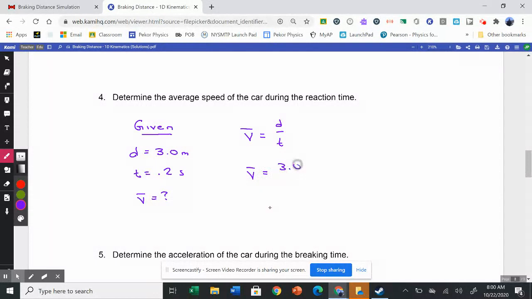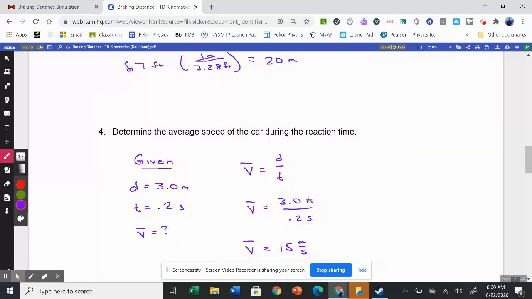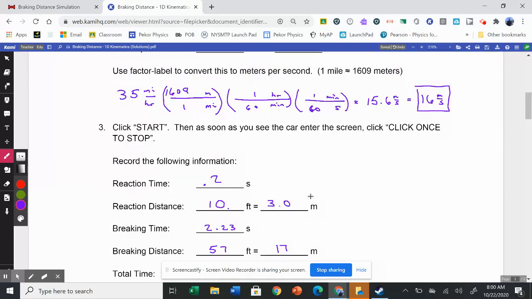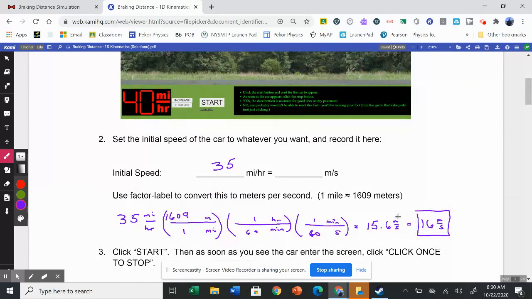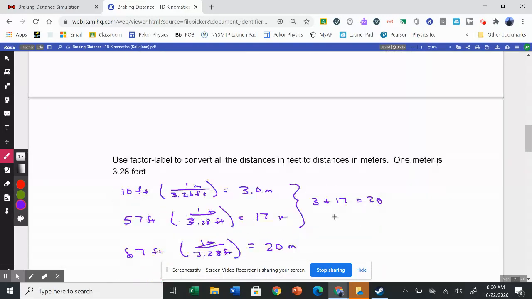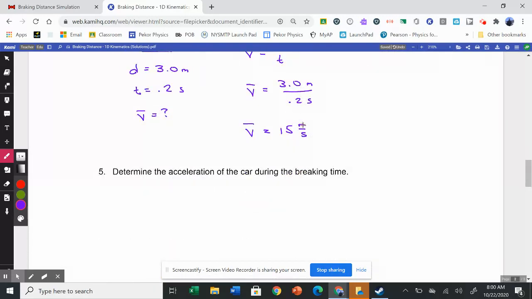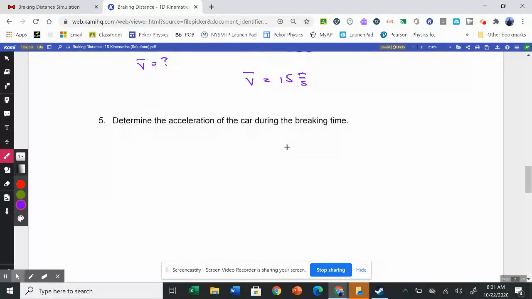I'll put in 3.0 meters in 0.2 seconds. And my speed turns out to be 15 meters per second. Now notice it's a little different than what we got up here when we just converted our 35 miles an hour. We got 16 meters per second. But really, this time of 0.2 seconds is only good to one significant figure. We can't expect a super accurate answer for the average velocity here.